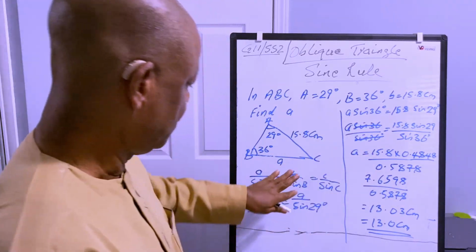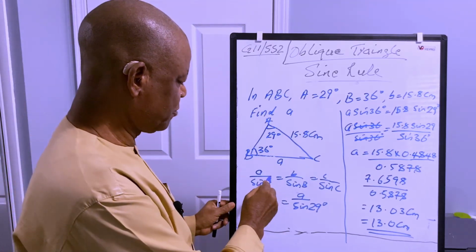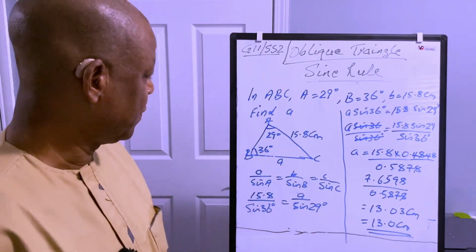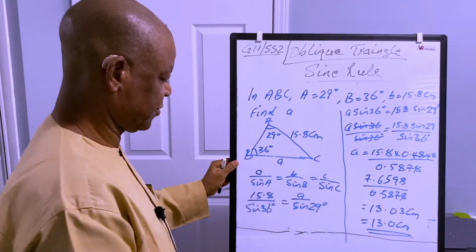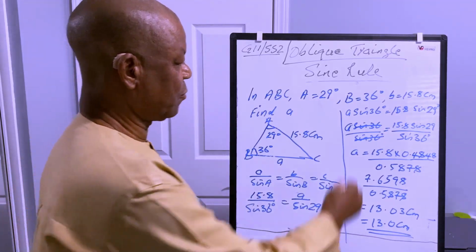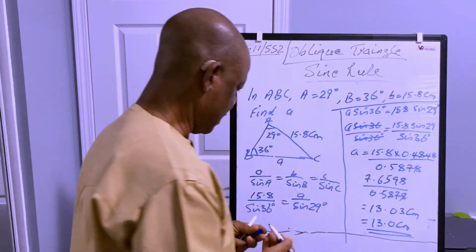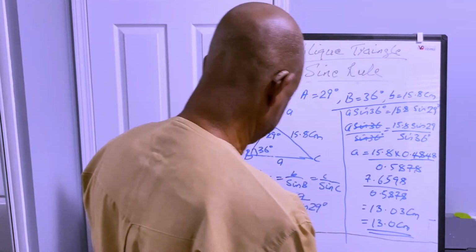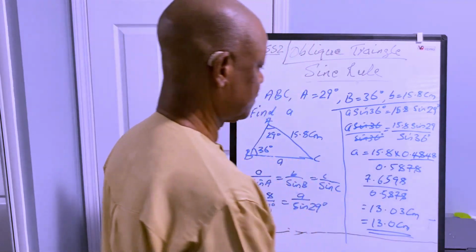Remember, we presented the formula. Like I told you, the three must be complete. 1, 2, 3. It's true you are using 2. We now substitute 15.8 over sine 36 is equal to a we are looking for over sine 29. We cross multiply. a times sine 36 is a sine 36 equals 15.8 times sine 29.